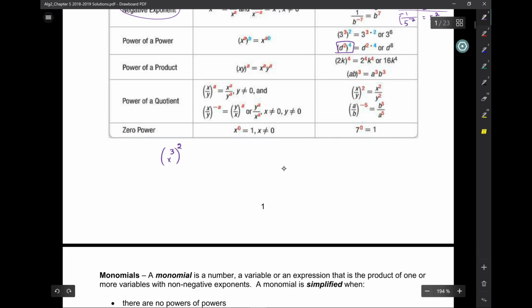You multiply them. Why? Because you have x to the power of 3 squared. So if you have x to the power of 3, squared means you multiply it by itself. So multiplying that by itself will give you x to the power of 6. Okay?